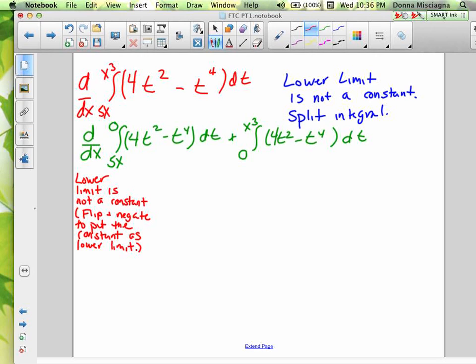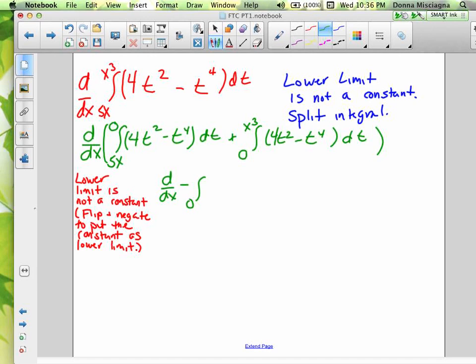So now we're going to make that, oh, you know what? If I put parentheses, it's okay that I only have one d/dx there. So the derivative, and then we're going to make this the opposite.